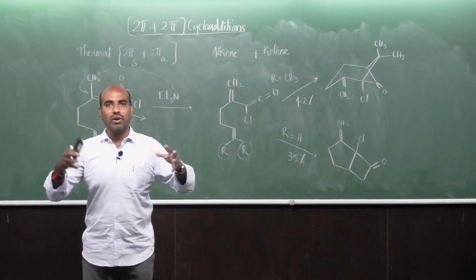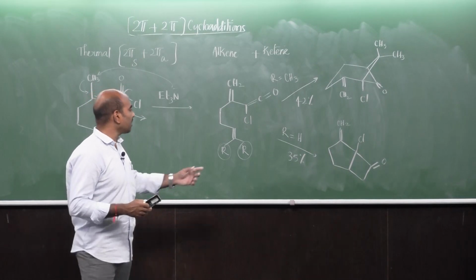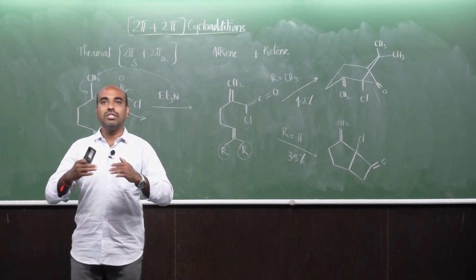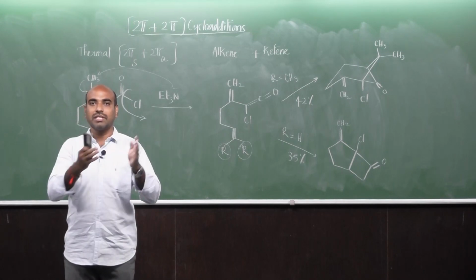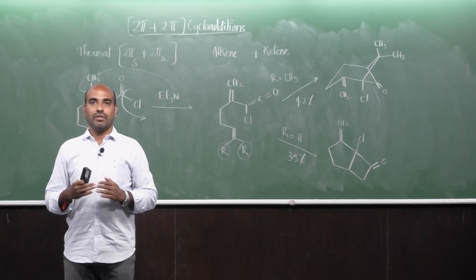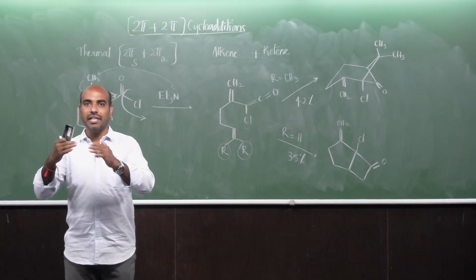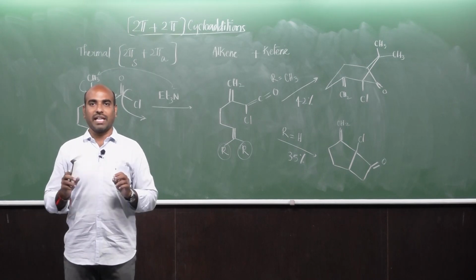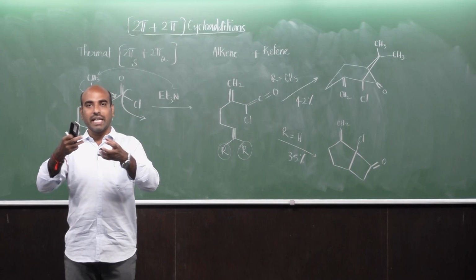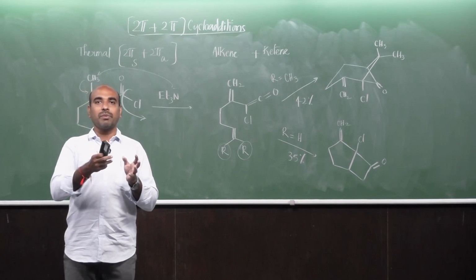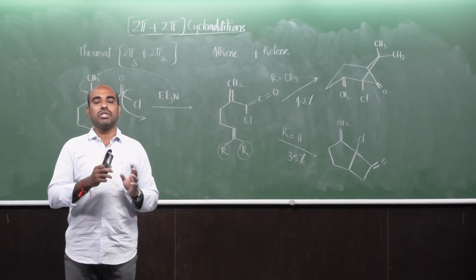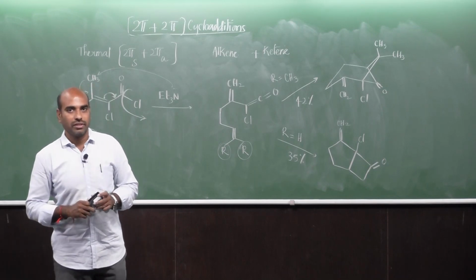If there is an electron releasing group on the alkene, then the energy of the HOMO, which is generally from the alkene molecule, will get raised up. So, now the HOMO energy is increased based on the electron releasing groups attached to the alkene molecule, and the energy of the LUMO gets reduced if the alpha carbon atom of the ketene is attached to electron withdrawing substituents like halogens, right.